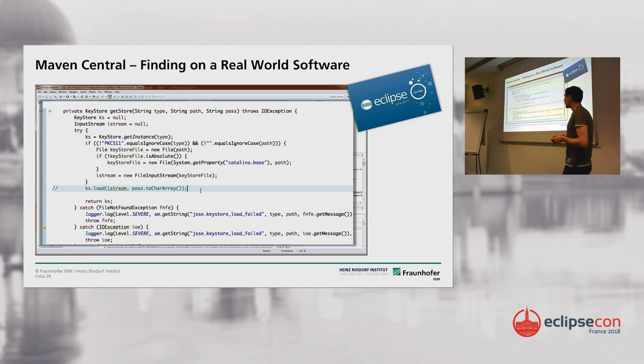It does so for a good reason. In this software, the developer just used a string and transformed the string into a character array. So the password is of type string, which is a bad thing to do in general concerning security. But that's not the point I want to make here. The thing is, in this software, CogniCrypt even found that this string is actually hard-coded into the software.